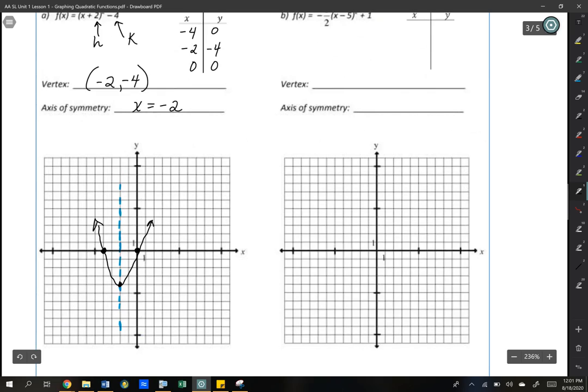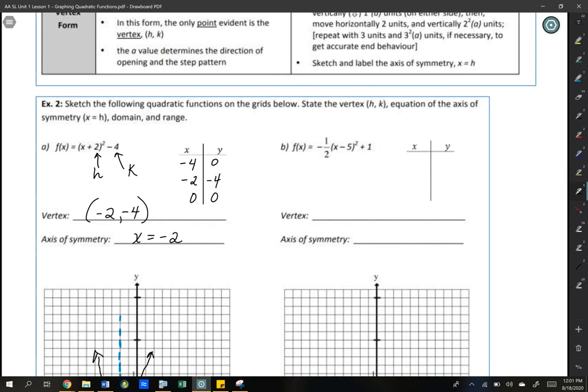All right, let's take a look at letter B. The vertex, right, we have the opposite of what's inside the parentheses for h. So 5, 1 is our vertex. We definitely know we're going to plot that point, 5, 1, just like we plotted the vertex over here. Right here, we're going to include the vertex.